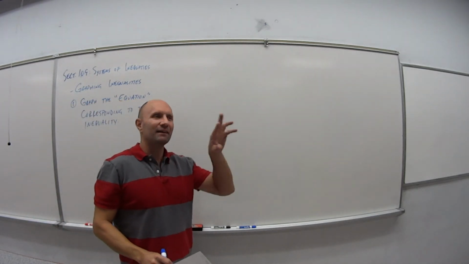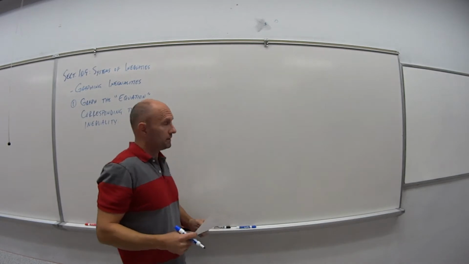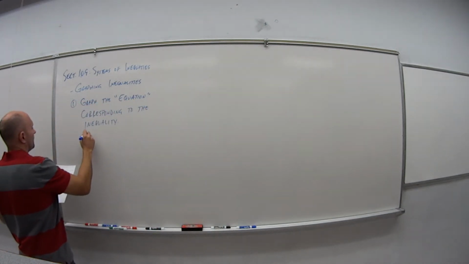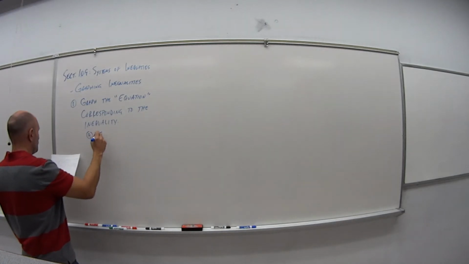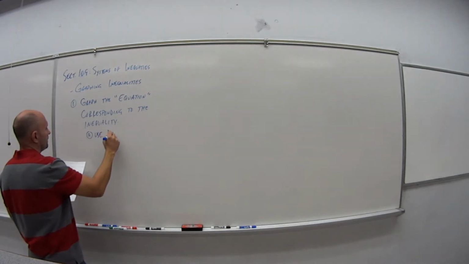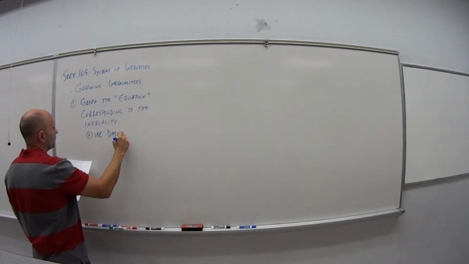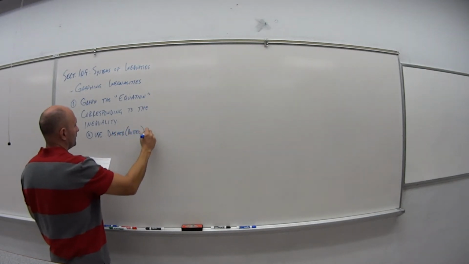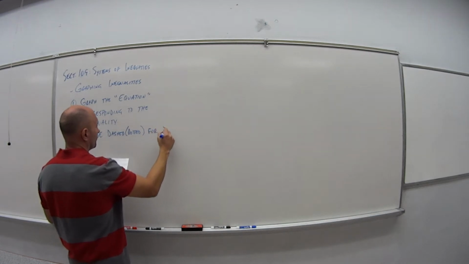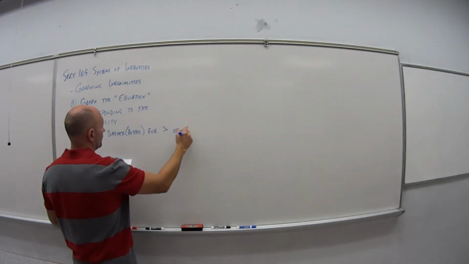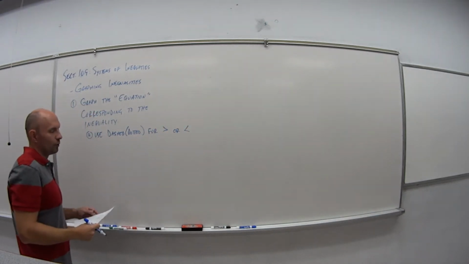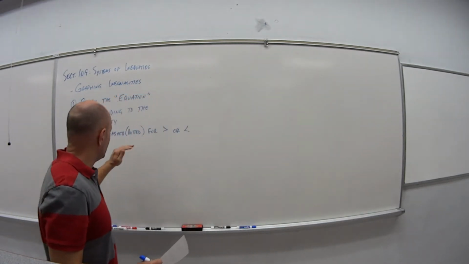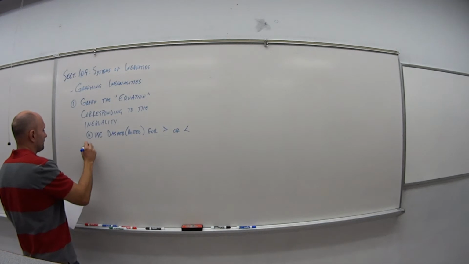Is it a parabola? Is it a circle? Is it a line? But when we graph it, we're going to use a dashed line or dotted line for greater than or less than. So if it's not greater than or equal or less than or equal, it gets a dashed, dotted line.